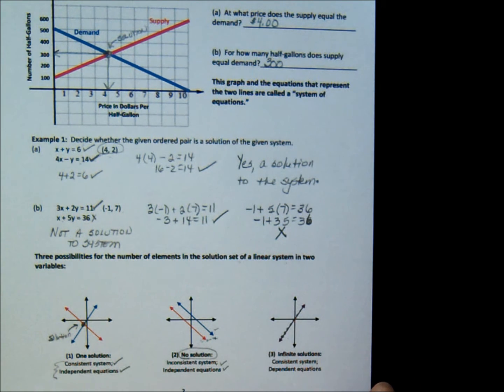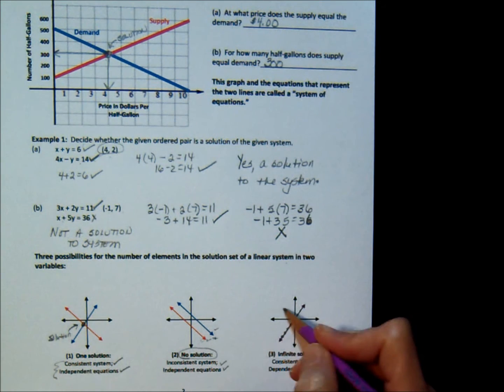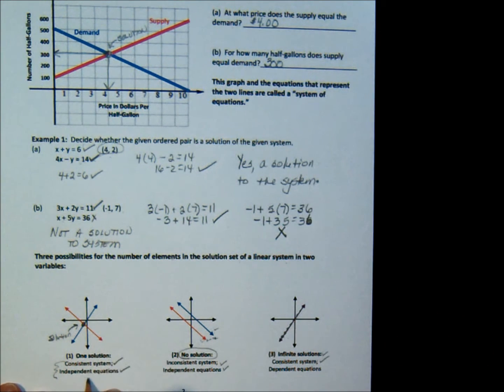So they share those solutions. So there's infinite solutions. They are consistent because there is a solution, but they are dependent equations because the lines are not separate. They lie on top of each other. So you have your options of one solution, no solutions, or infinite solutions.